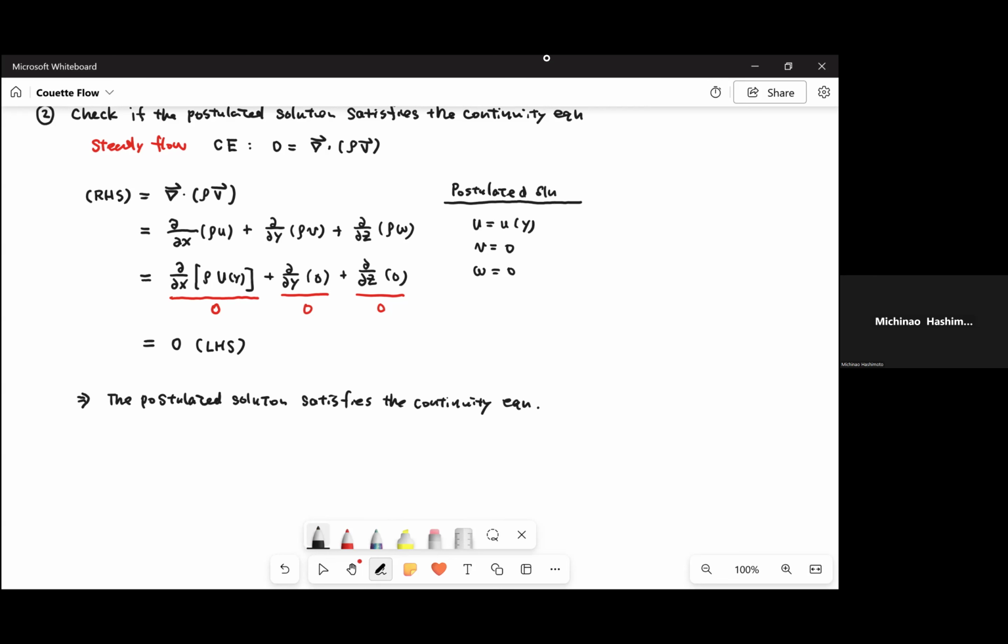This is really good news. We don't know the solution yet, but at least we can say this is a good candidate to analyze further. Now let's try to simplify the Navier-Stokes equation in the next step.